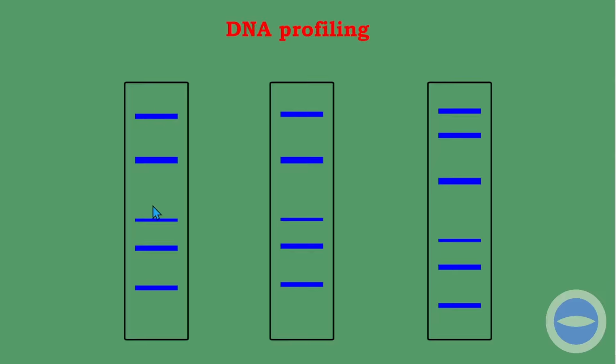What they do is take someone's DNA and another DNA of someone they suspect shares the same DNA, and then they compare. If these lines line up like in profiles 1 and 2, that means the chances of having the same DNA are very high. But if these lines are not matching, that means those people do not have the same DNA. So this is the purpose of DNA profiling. Everything is in the textbook.